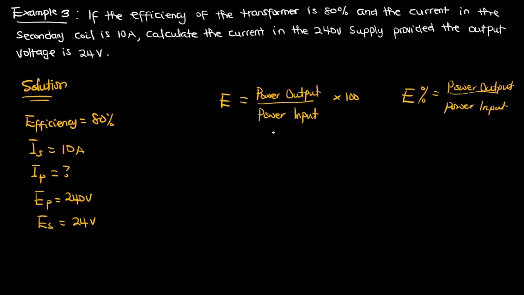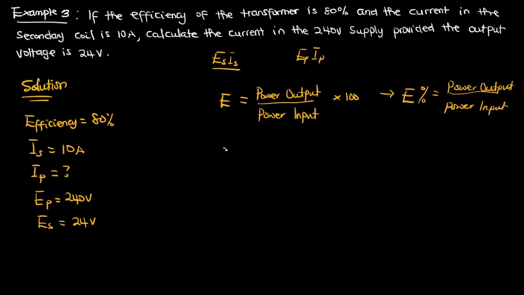Okay, so which is what we are going to do now. What is power output? Power output is voltage times current. So obviously it's equal to ESIS. This is the power output. Then the power input is EPIP. So for the efficiency, we are going to use this version of the formula.